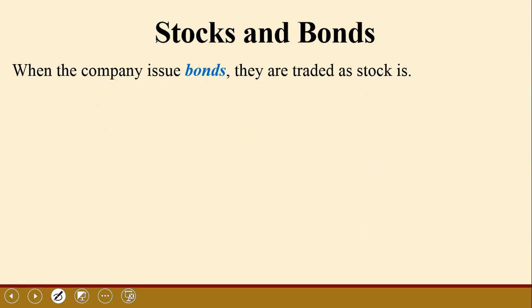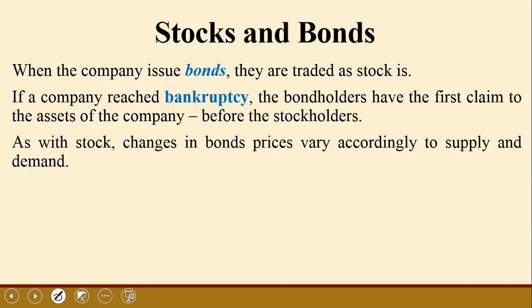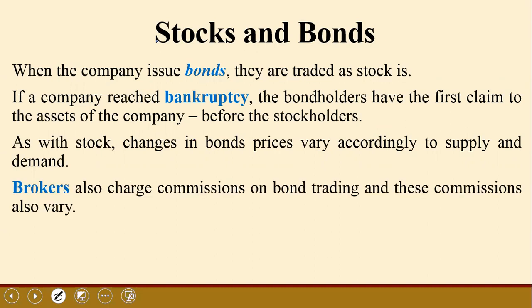So if a company reaches bankruptcy, the bondholders have the first claim to the assets of the company, and that is before the stockholders. And as with the stock, changes in bond prices vary according to supply and demand. So brokers also charge commissions on bond trading, and these commissions also vary.